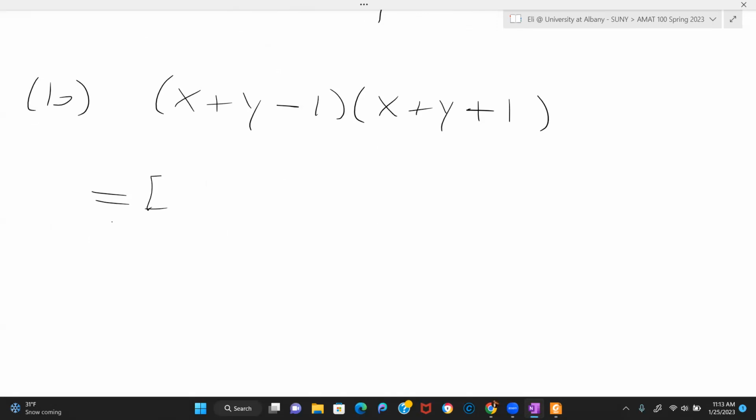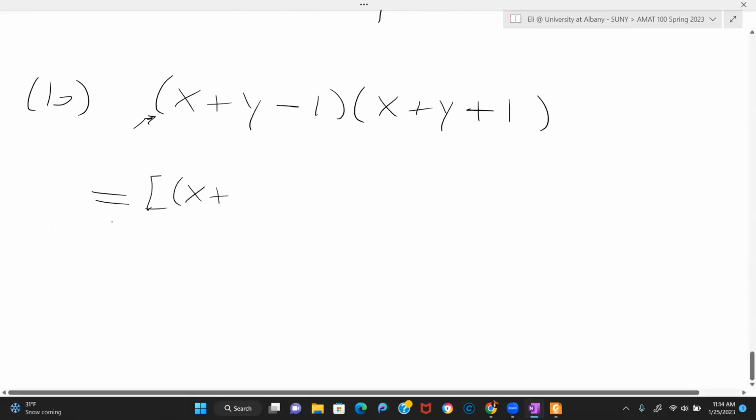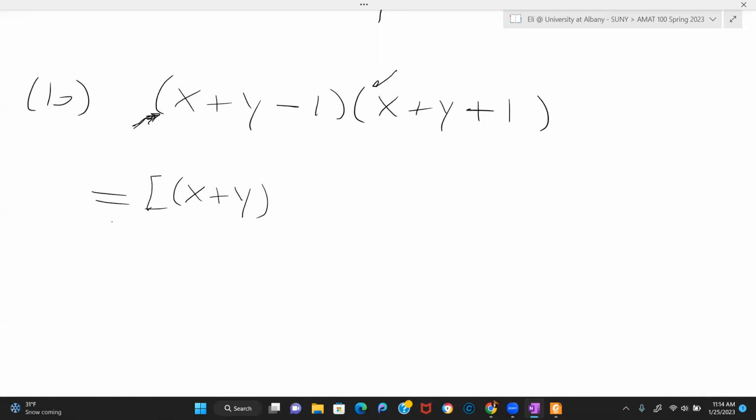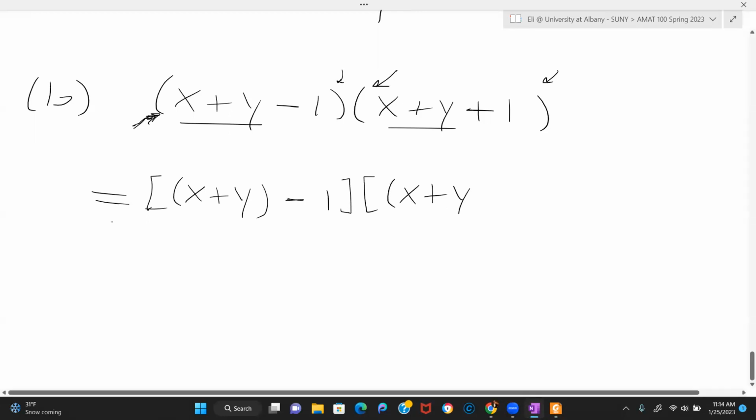I'm going to have parentheses inside parentheses, so I'm going to replace these parentheses with square brackets, because I don't want nested parentheses. It can get confusing. So I'm going to turn these parentheses right here into square brackets, and I'm going to associate the X and the Y, and the X and the Y.